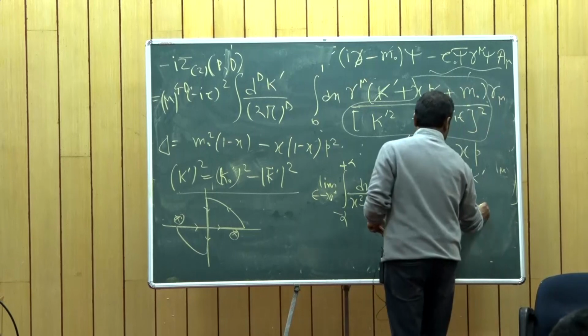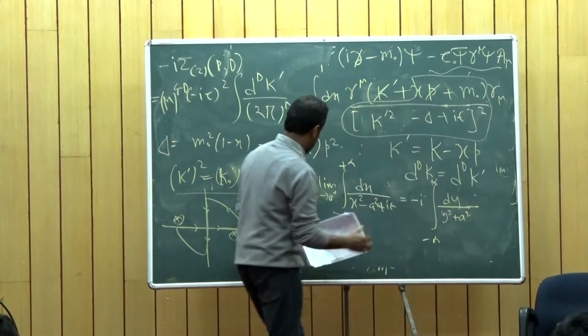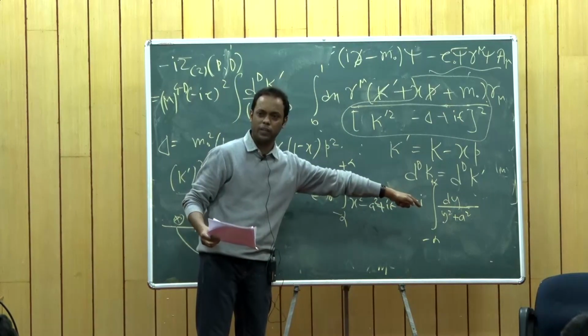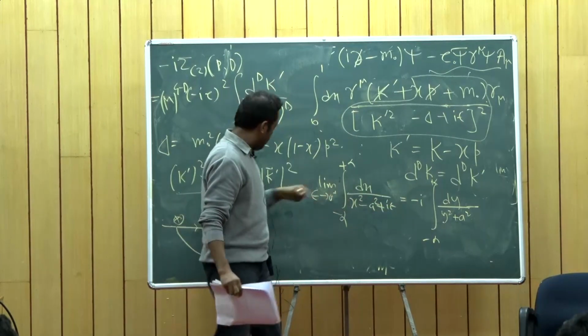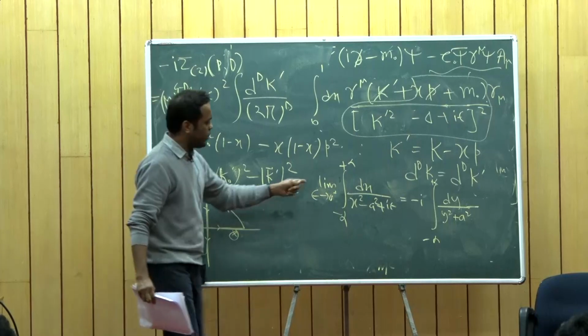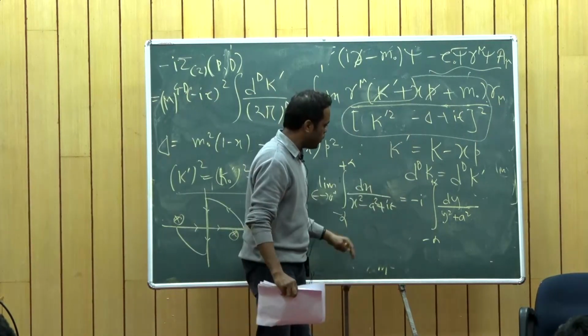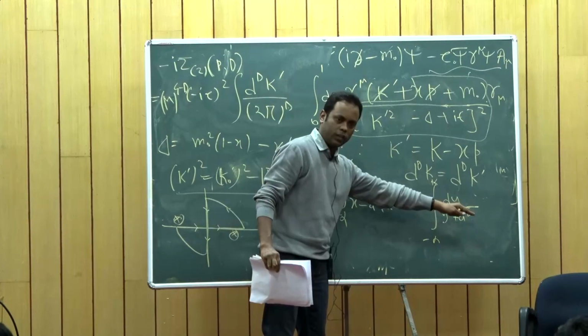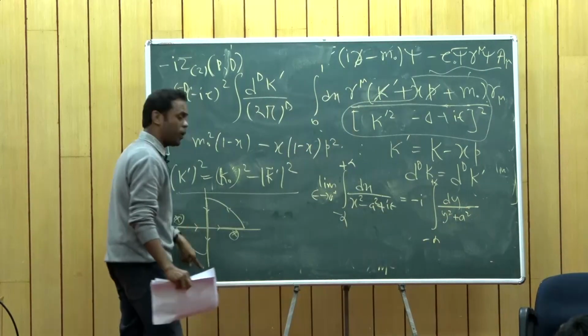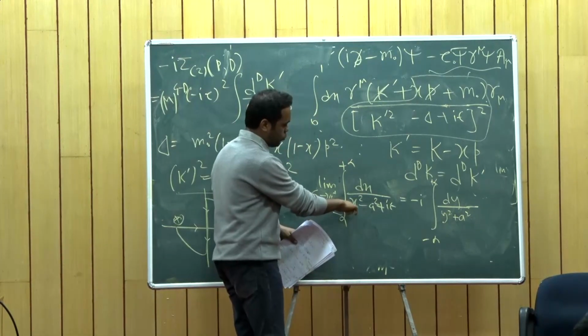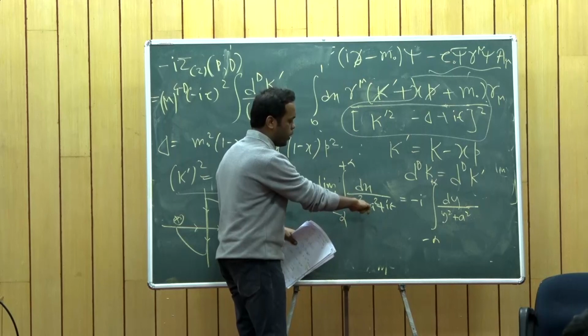There will be an i epsilon if you just make it dz by z square minus a square plus i epsilon, and z along this line is iy, so z square will be minus y square. I have taken all those factors into account. And this integral also I took on the other side, the range will be from plus infinity to minus infinity. All these things will be there. And since z is iy, z square will be minus y square, and this is minus a square.